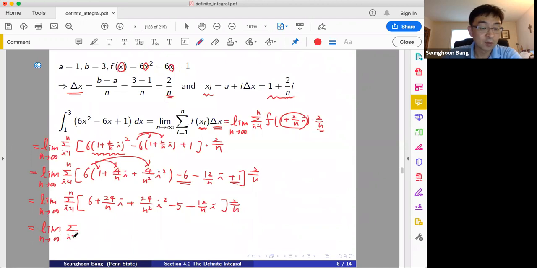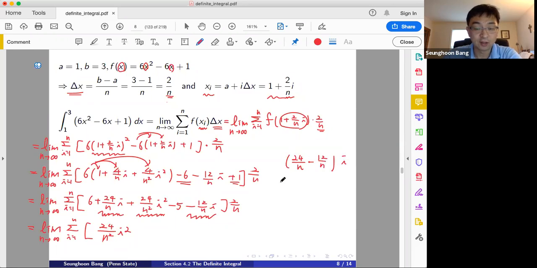Summation i equal to 1 to n. We have 24 over n squared i squared. The 24 over n minus 12 over n i, what's that? 24 over n minus 12 over n, whole i.